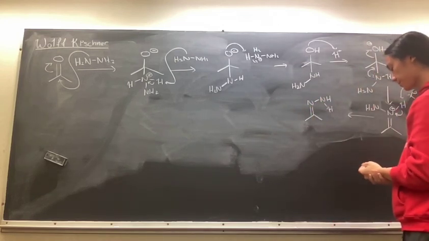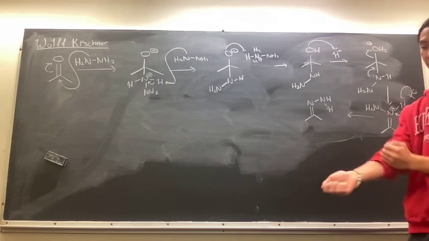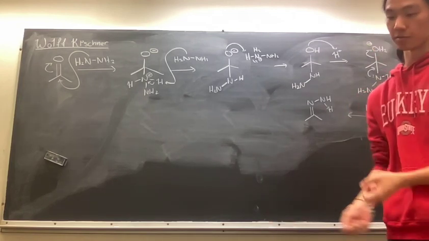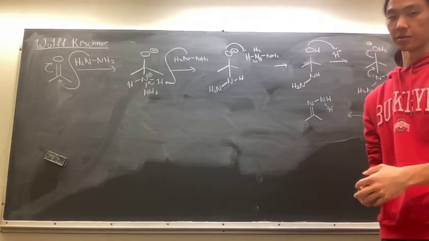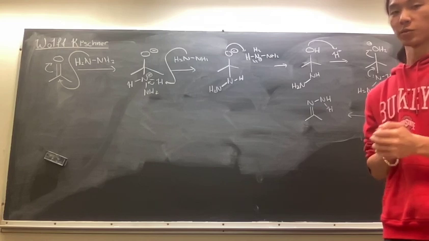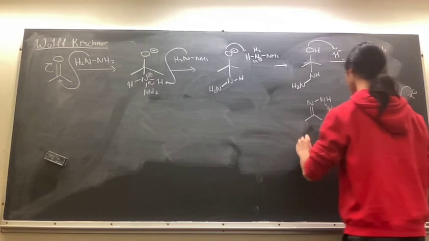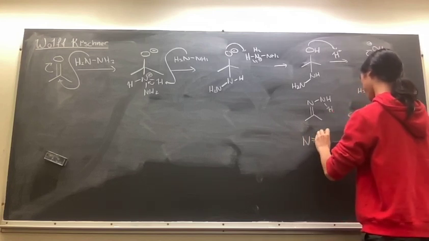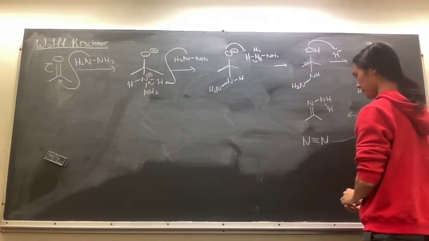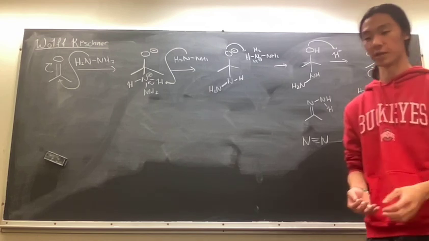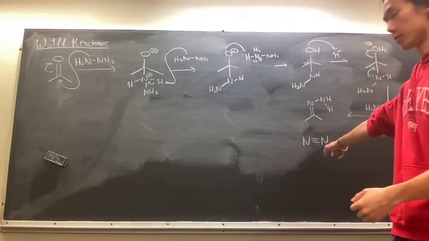So now the idea behind this is that we are trying to essentially, thermodynamically speaking, our best thing to get is an N2. It's really good for thermodynamic purposes, so this is going to be what pushes the reaction forward.